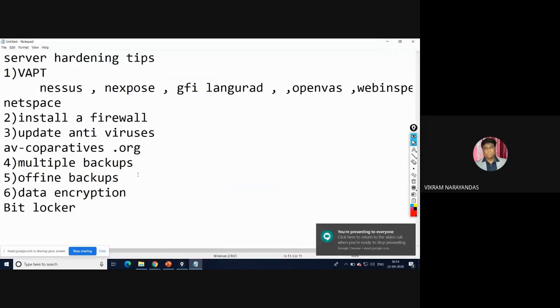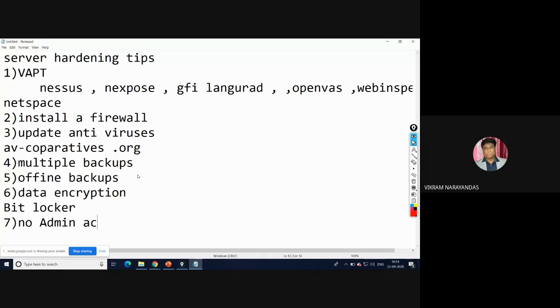So next one, no admin accounts generally. Use guest accounts or user accounts for unknown people.